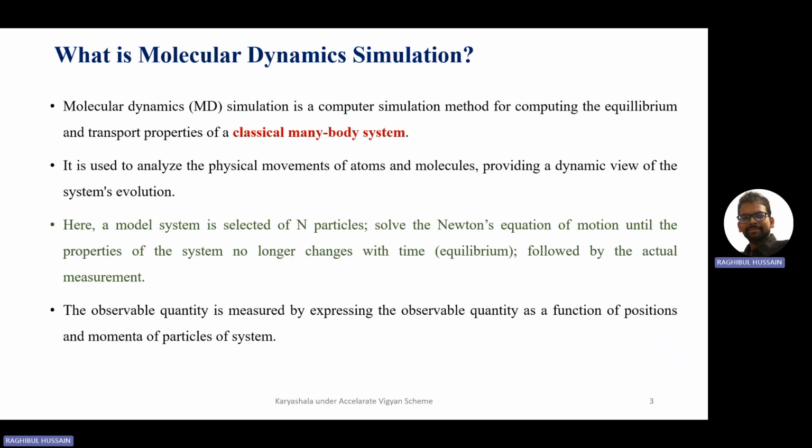So Newton's second law of motion is the basis of molecular dynamics. When we solve Newton's second law of motion, force equals mass times acceleration, for a many-particle system and do the subsequent integration, F equals m d²x/dt², right?